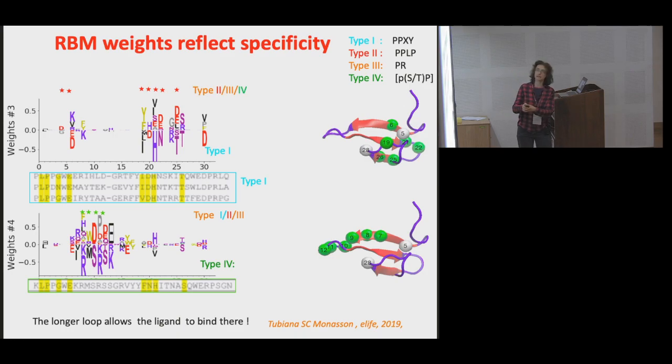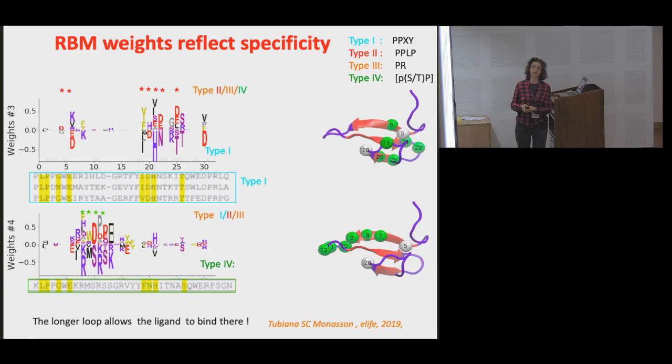These are the important amino acids, and you can see the letters here correspond exactly to this pattern. So this group of sequences corresponds to type 1 sequences, and all type 1 sequences will have a negative input on weight 3, and the other sequences of type 2, 3, and 4 will have this pattern on these amino acids.